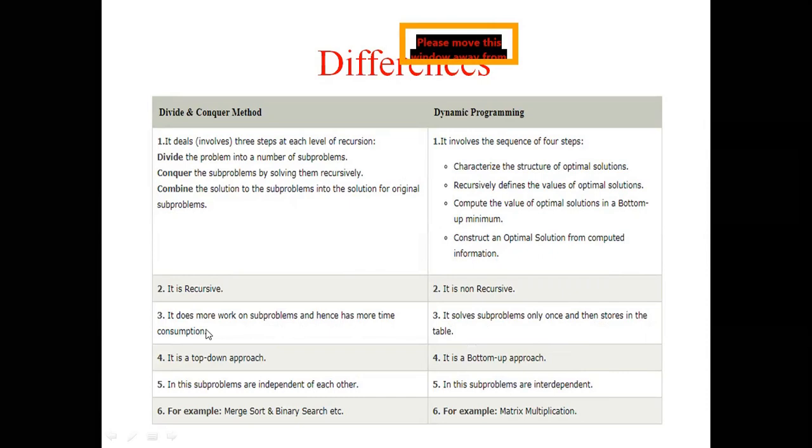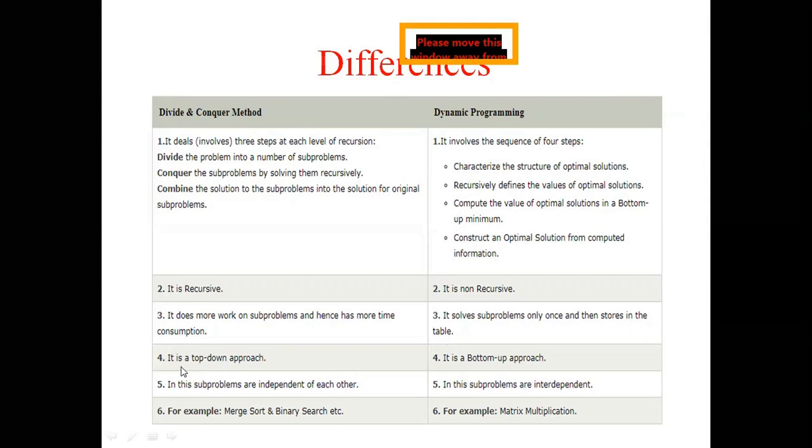In the case of dynamic programming, it solves subproblems only once and then stores the results in a table. This difference is very important. Divide and conquer does more work on subproblems and takes more time, but dynamic programming solves each subproblem only once, and the result is stored in the table, which is useful later when solving other subproblems.